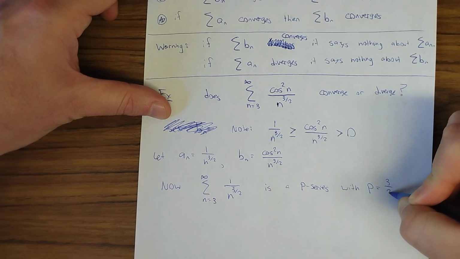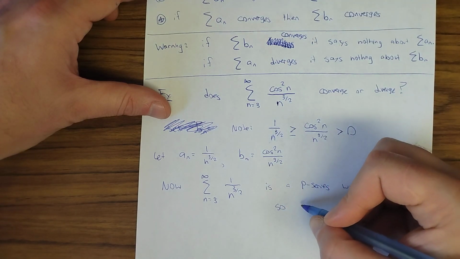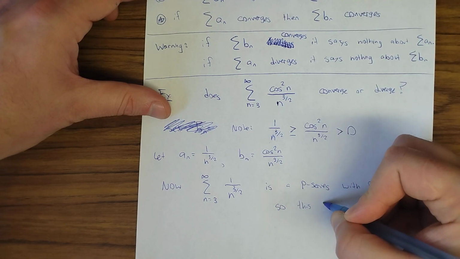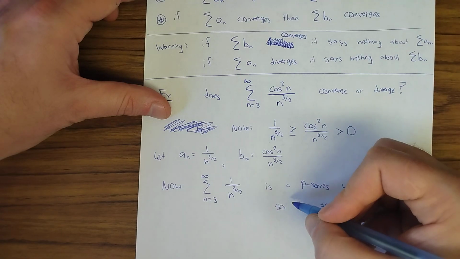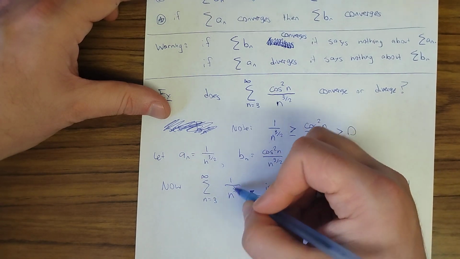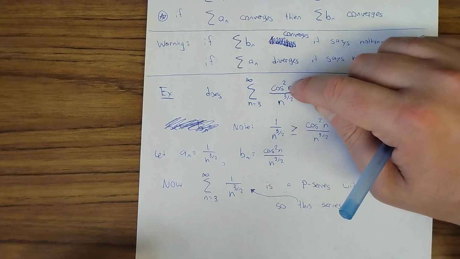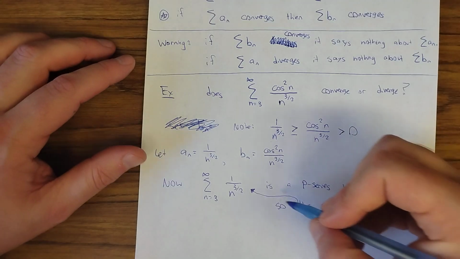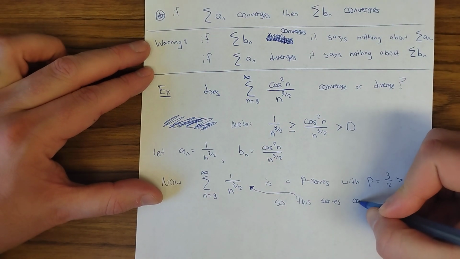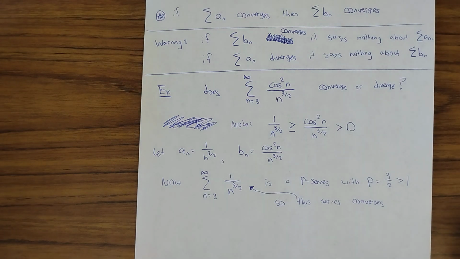P is 3/2, which is bigger than 1. So this series, just to be really clear, because there's multiple series in play, I'm not talking about this one, I'm talking about this one. This series converges. It's a p-series with p bigger than 1.